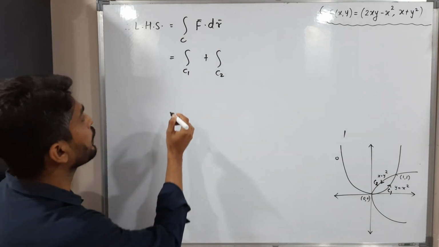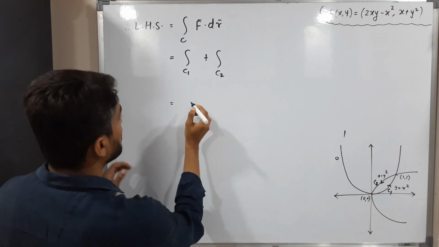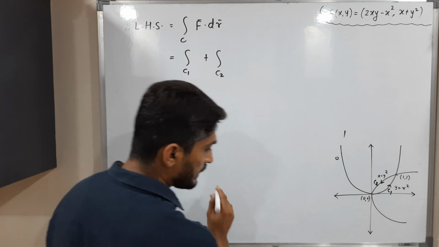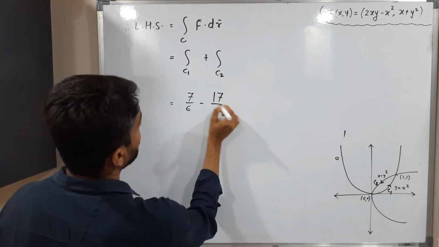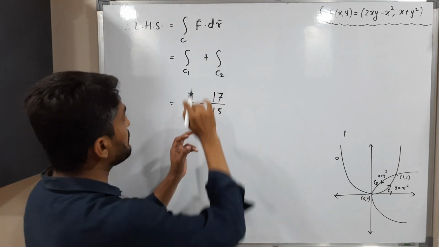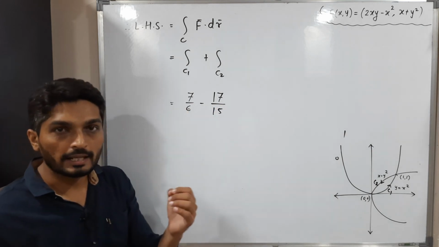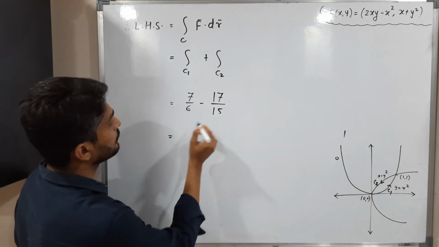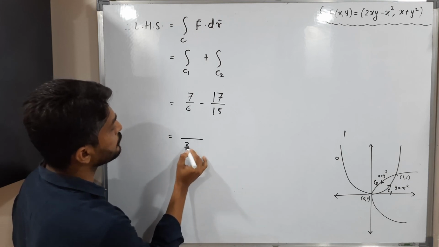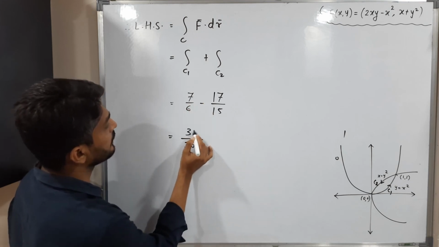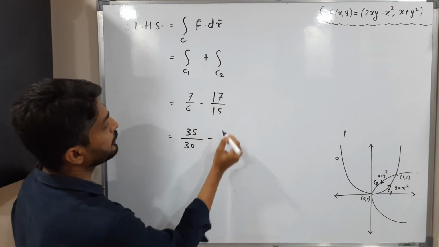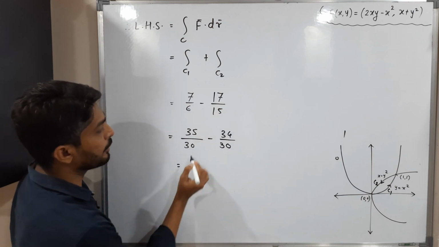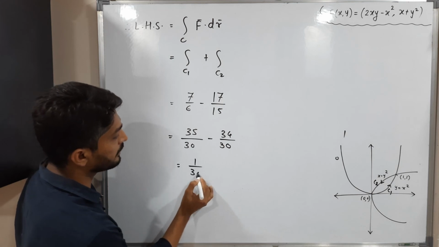Both values we have already calculated, so let me put here 7 by 6, and the value of the second is minus 17 by 15. Actually plus sign is there, but this number already has a minus sign, so it will be minus. To make the denominator the same, I should multiply by 5, so it is 35, and multiply by 2, so 34 by 30. Having the same denominator, you can easily subtract: 1 by 30.